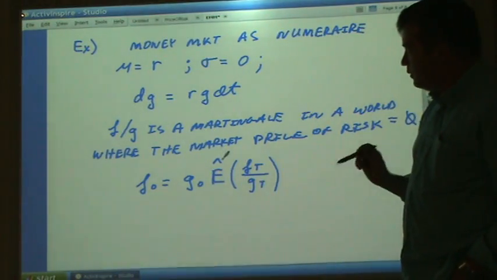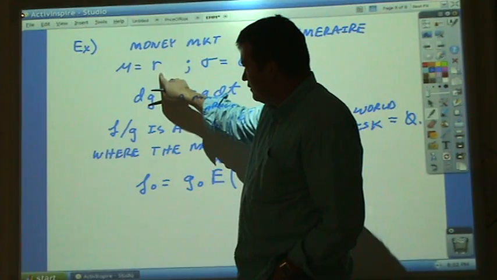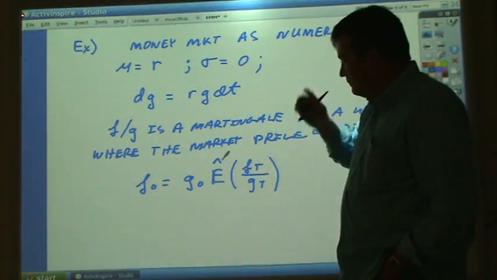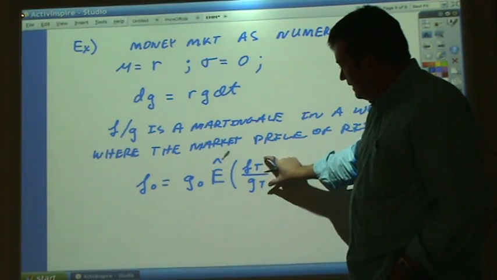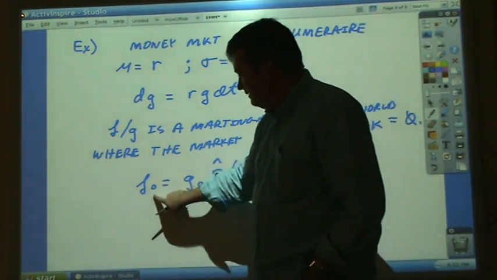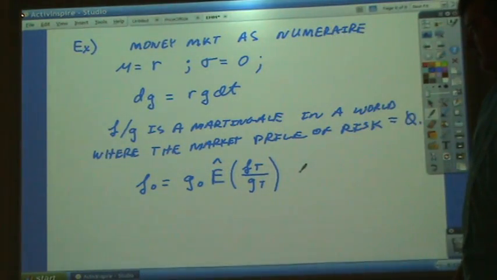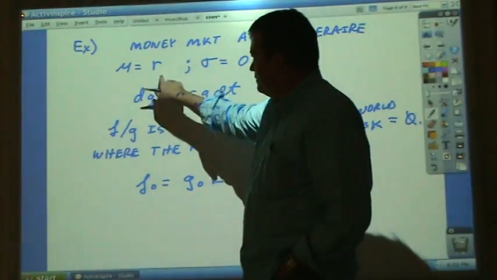So we're saying we're looking for, with the mindset of getting this as our return, then with that mindset, what is the expected value of this ratio? And with that expected value, we should get the price of our security that we're considering buying, as opposed to investing in the money market.